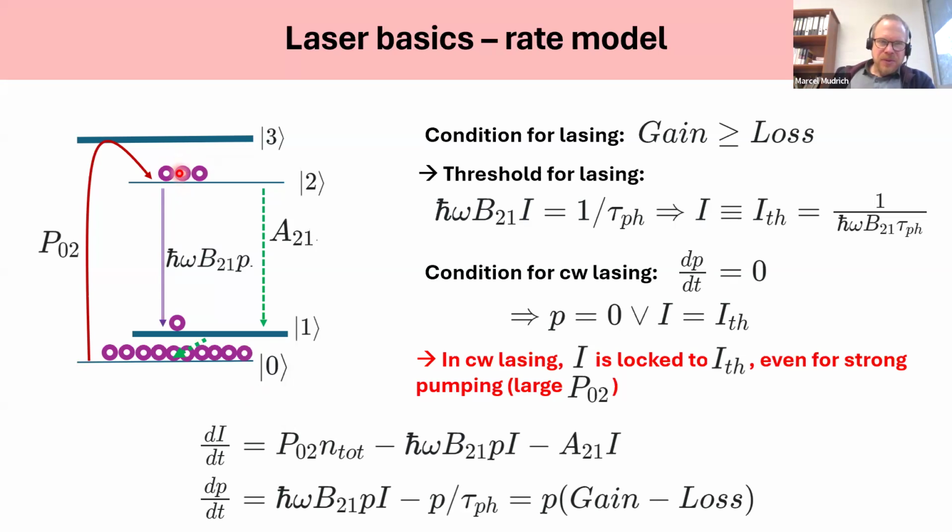So all we achieve by pumping harder is that we increase the stimulated emission rate, which again depletes the upper laser level up to this threshold value. But that's exactly what we want. We want to pump hard and get a lot of photons out in the laser mode by stimulated emission, and in this way we get an intense laser beam.